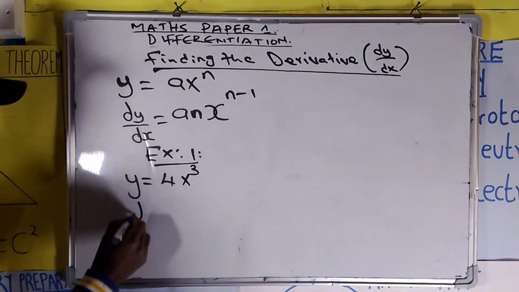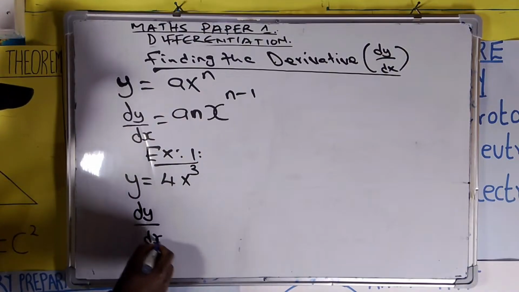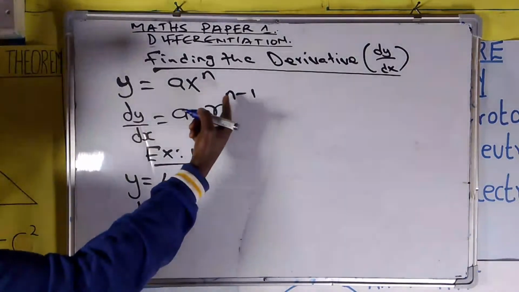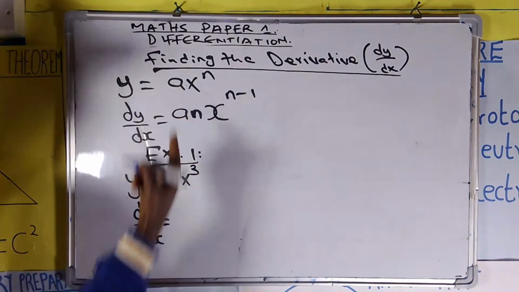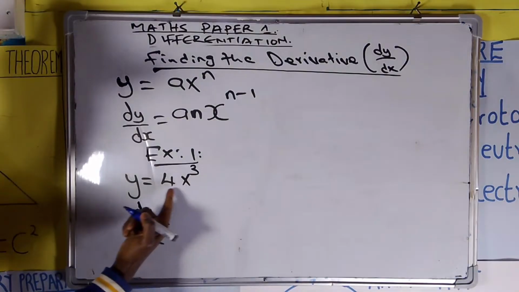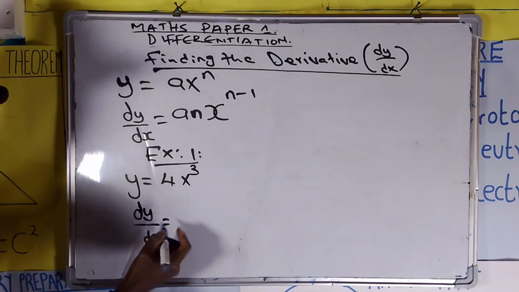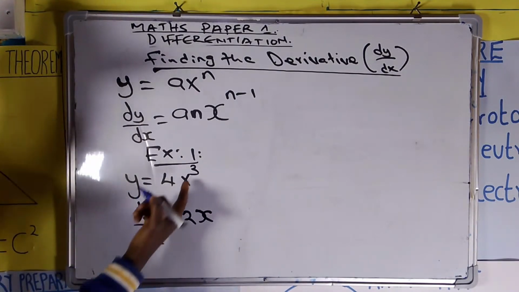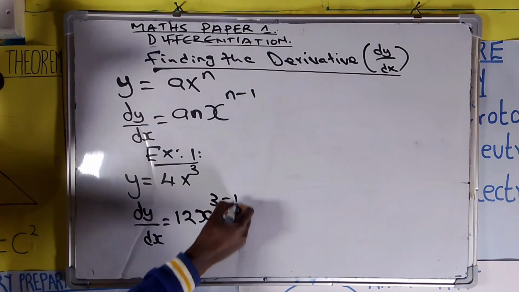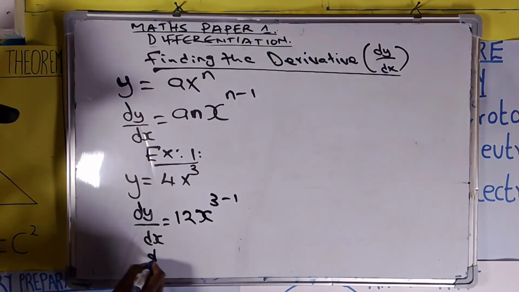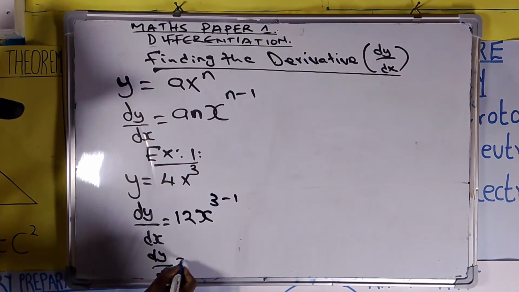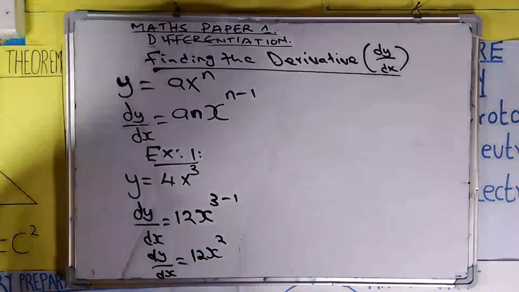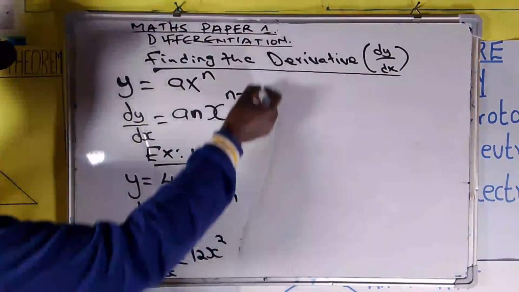It will now become dy over dx is equal to, we've said you take the power n and multiply it with a. So our n is 3, you multiply it with 4. So 3 multiplied by 4 will become 12. Then our x will remain there, and our power will reduce by 1, so 3 minus 1. That will give us dy over dx is equal to 12x to the power 2, or 12x squared. That is the first example.